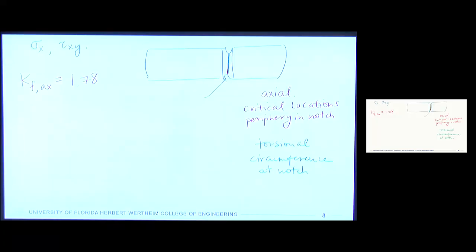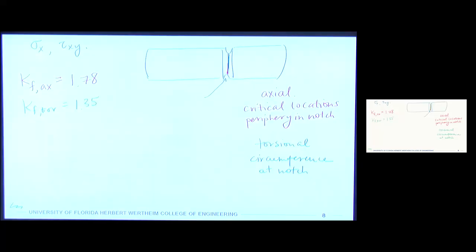Now we're going to do the same thing for torsional loading, which is not only a different chart, but also a different curve on the notch sensitivity chart. I will leave that as an exercise for you if you would like to follow the trail using the textbook. But KF for the torsional loading comes out to be 1.35. Okay.